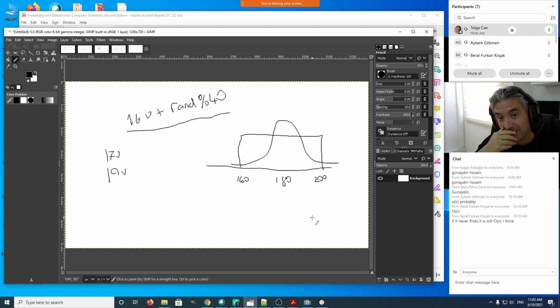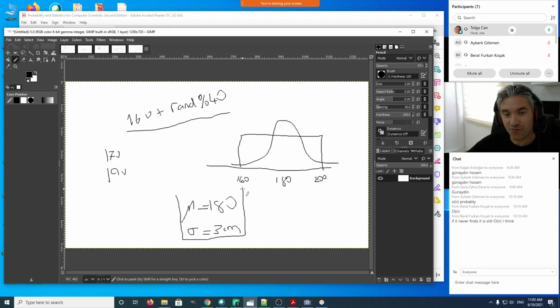Now, here's the problem. If it's normally distributed, say the average height mu is 180 centimeters with a standard deviation of 3 centimeters, can you generate random numbers from this distribution for your game, in which seeing an enemy avatar 2 meters tall will be really unlikely, or seeing a very short avatar is also very unlikely?